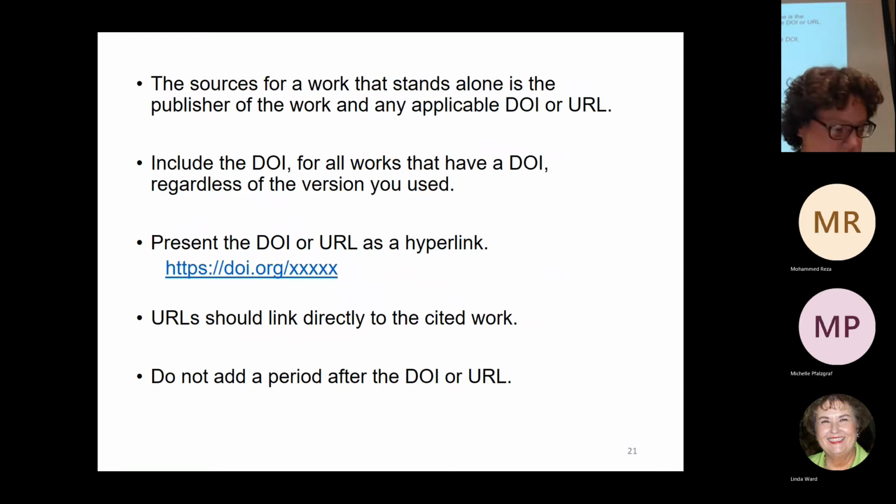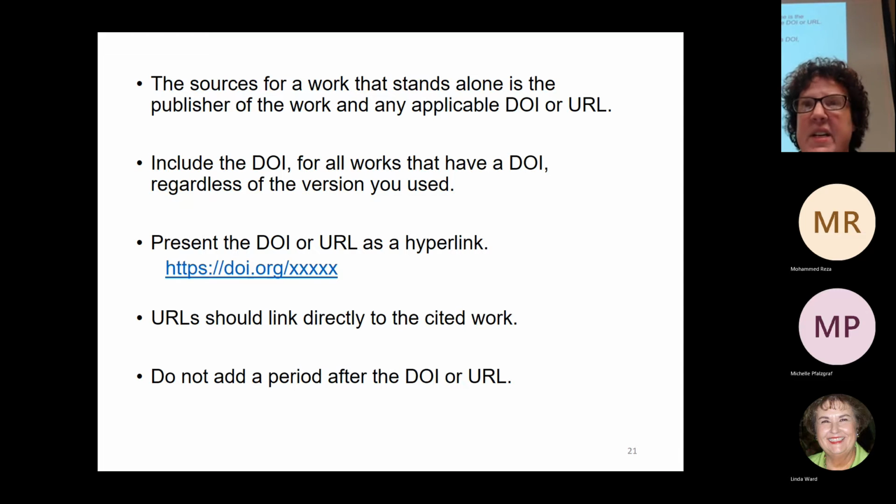And then, of course, for your book, the source of a work that stands alone is the publisher of the work and any applicable DOI and URL. So the publisher here, because this is a standalone work, will be the source, the publisher, because that's where you go get it.